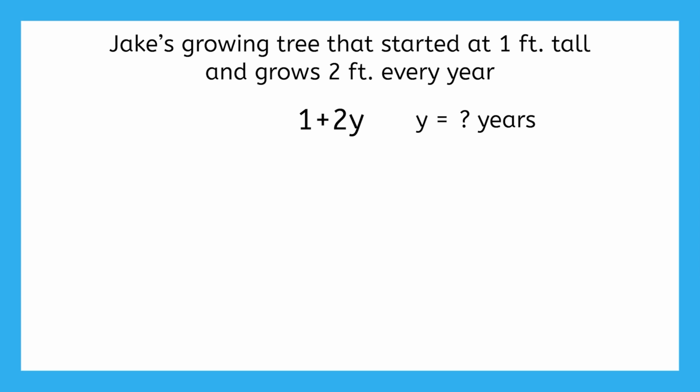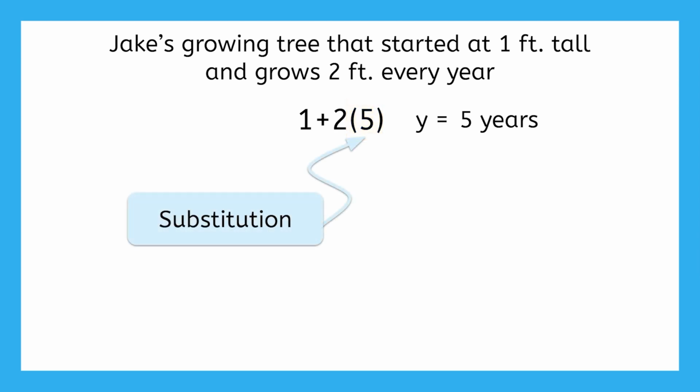But if we want the height after 5 years, then y becomes 5, or y becomes equal to 5. We can replace this unknown, substituting it with 5, now that we know its value. This is called substitution. Since y equals 5, we replaced y in the expression with 5.